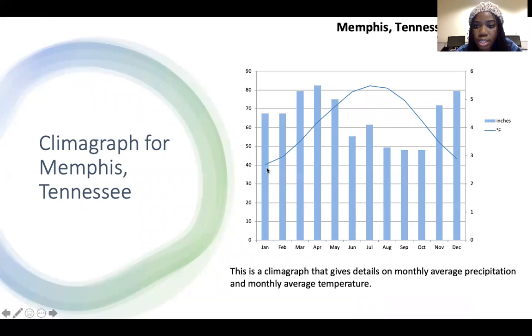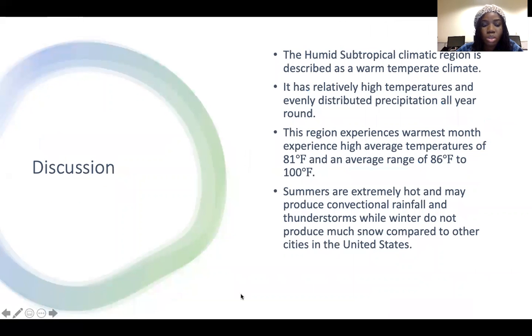Also, the lowest temperature is in January, and the lowest rainfall is in September and October, as per this climate graph. So now let's discuss what the humid subtropical climate region is like.